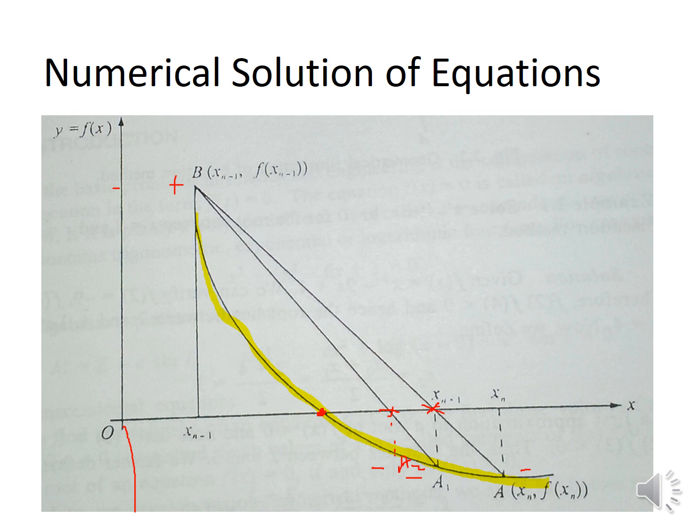And again, you don't get the value, the modulus of fx less than 0.1, because it is still far, you see. So you form again a straight line.